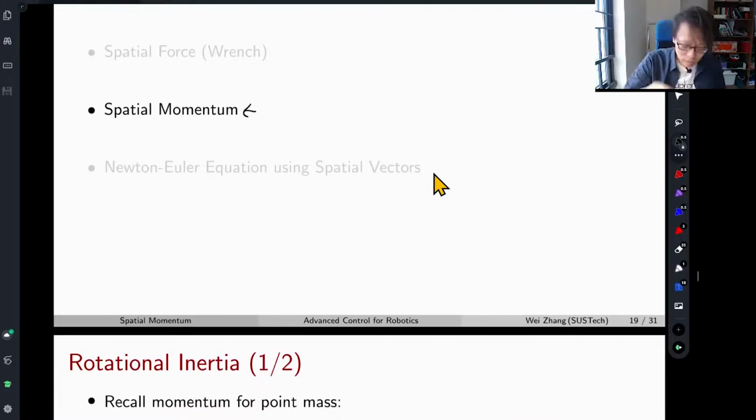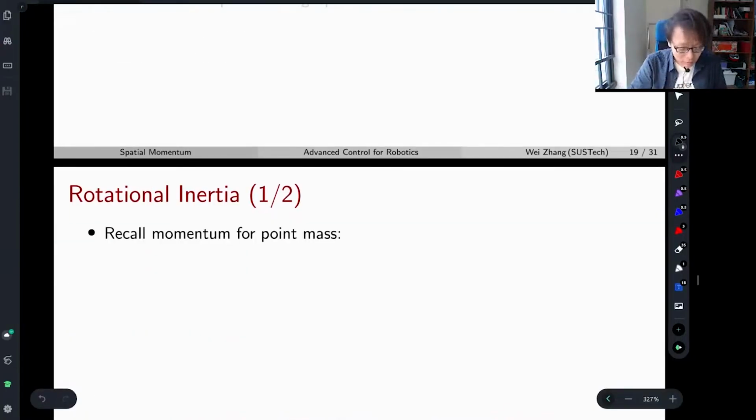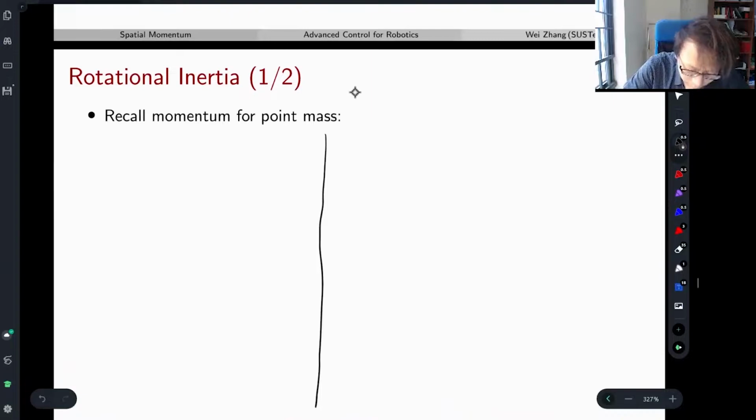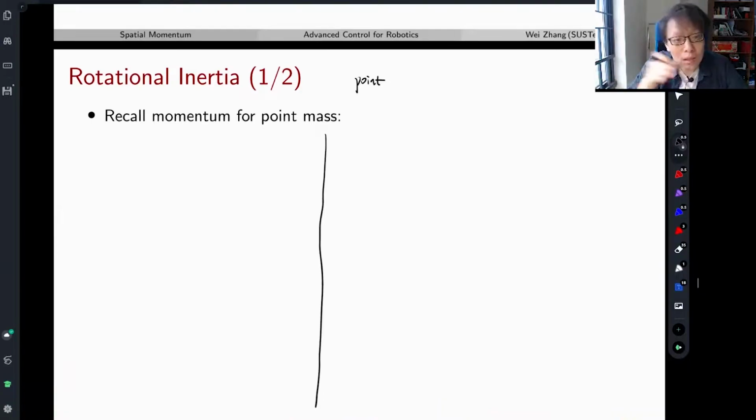So I will start from a little more basics. Let's think about a very, very basic case. Let's start from the point mass. That's a building block to understand the rigid body, because a rigid body is made up of a lot of these point masses.